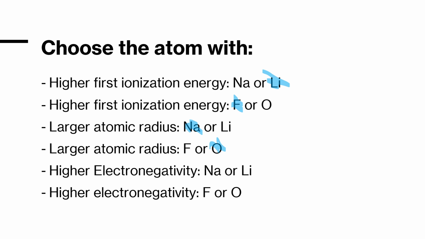Ability to attract an electron, it would be lithium because it has less orbitals, there's less shielding. Higher electronegativity, F or O. Remember we talked about, it wants to make a full valence shell. So we have to say now it has more protons and electrons than oxygen.